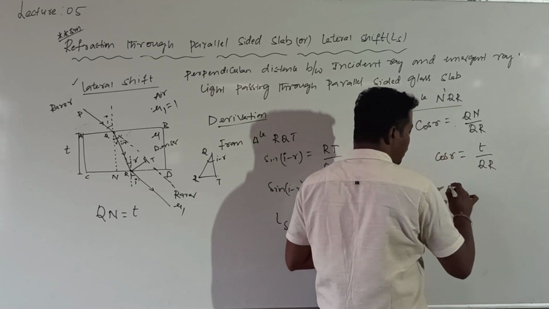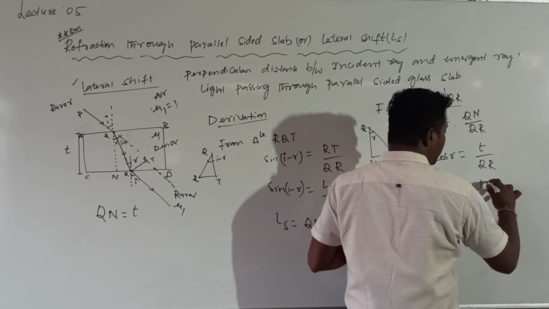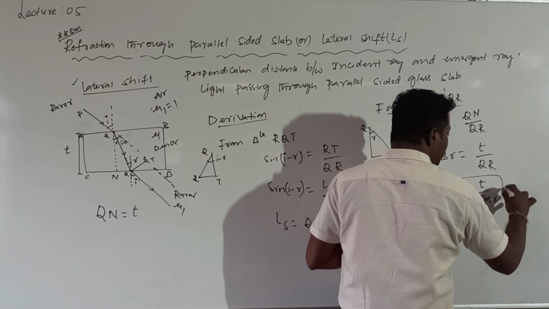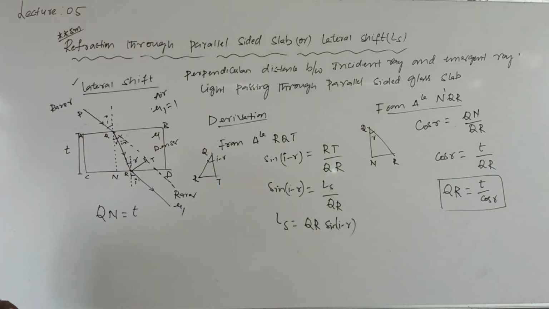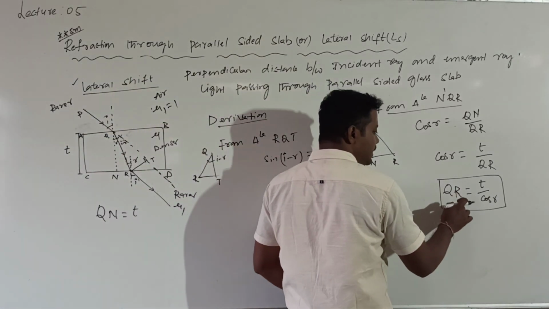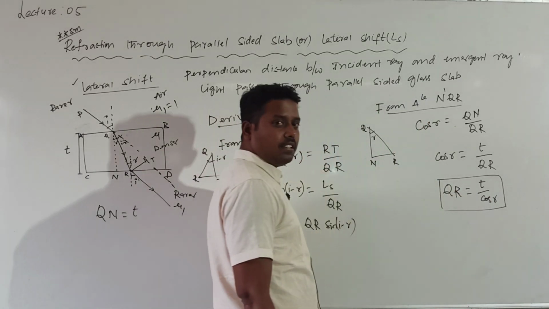So from this, QR is equal to t divided by cos r. QR is the distance travelled by the light inside the glass slab. Whenever they give the angle of refraction and the thickness of the slab, the distance travelled by the light inside the slab, given by QR, is equal to t by cos r.